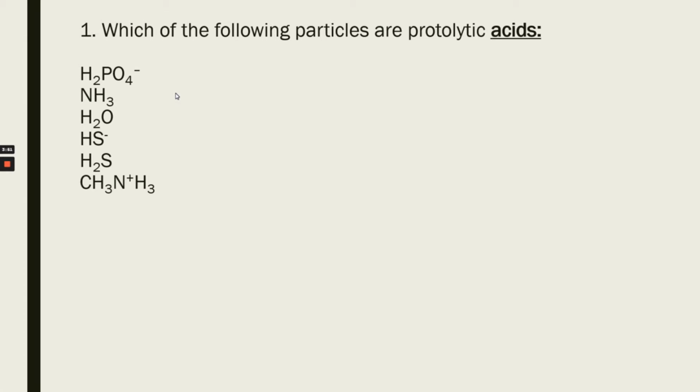Some of the particles have charge, and some of the particles can be ampholytes, so they can play both roles. They can be protolytic acid and protolytic base. So in that particular question, dihydrogen phosphate ion can donate a proton.